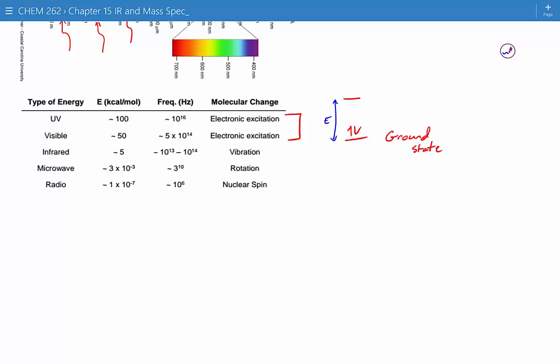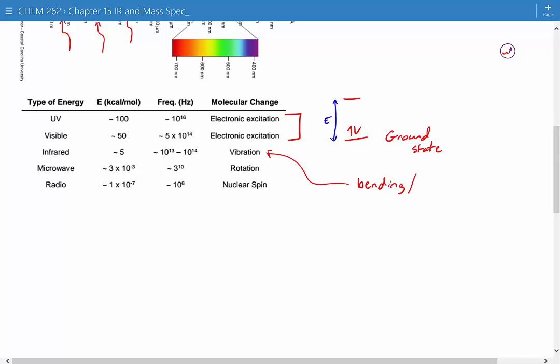IR, if we look at that, is looking particularly at bond vibration. So typically the bond vibration occurs in a couple different manners. You generally have bending or stretching. These are the two types of spectroscopy we've already used in lab.